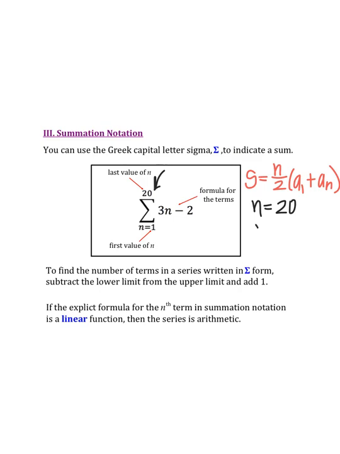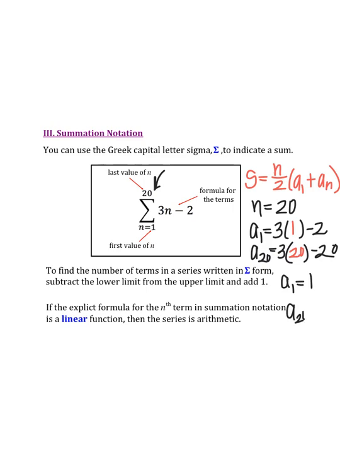And then I need to figure out what my first term is. So the way I'm going to do that is I'm going to substitute into that explicit formula. I need to figure out what my nth or my 20th term is, and again, I'm going to substitute into that formula. The numbers I'm substituting in are a 1 and a 20. So it turns out that my a sub 1 is 1 and my 20th term is 58.